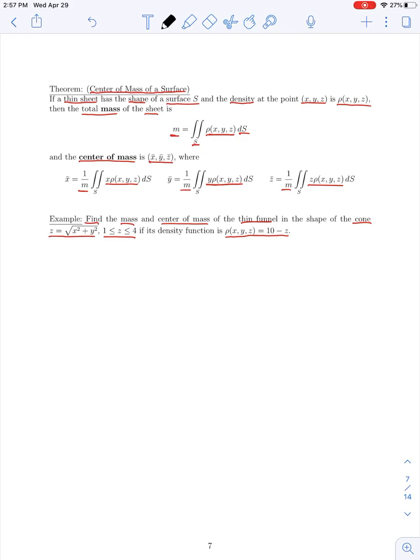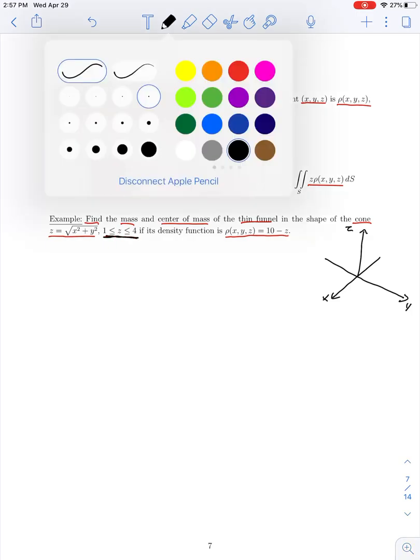So in this example, we have a part of a cone. Since z was the positive square root of x squared plus y squared, it's just an upper half cone. So we have z, x, and y. And we're looking at the part of this cone which opens upward and lies between the plane z equals 1 and z equals 4.